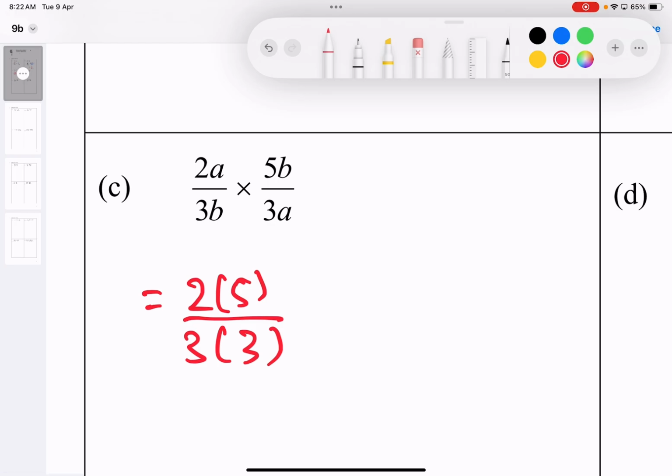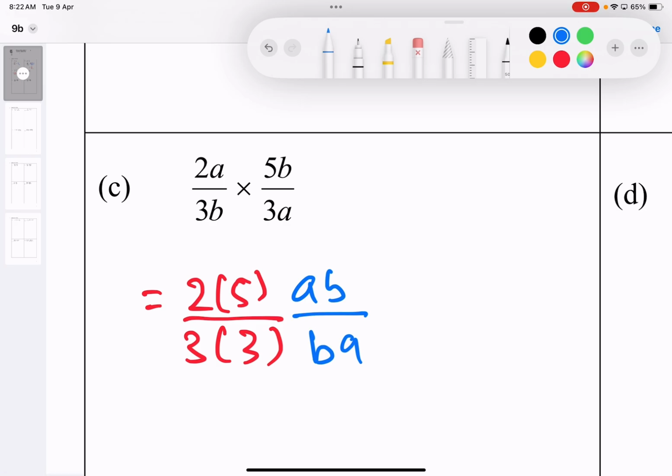Second step, you put the alphabets or the algebraic symbols beside each other. So I have AB, I have B times A over here. So I put all the numbers together, I put all the algebraic symbols together. Next, to simplify the numbers, I simply take out my calculator.